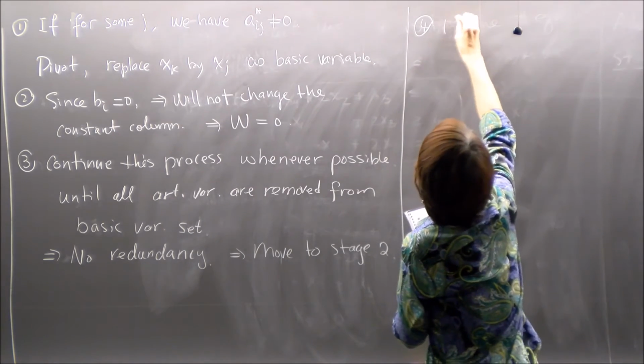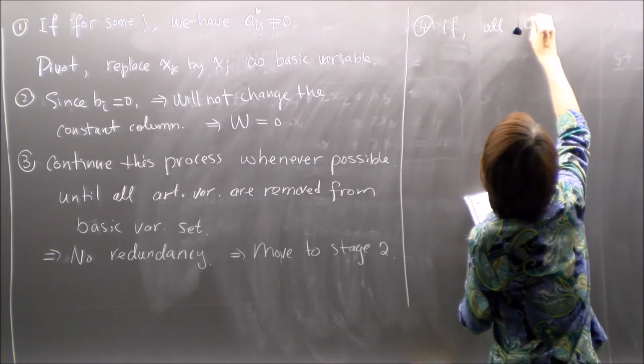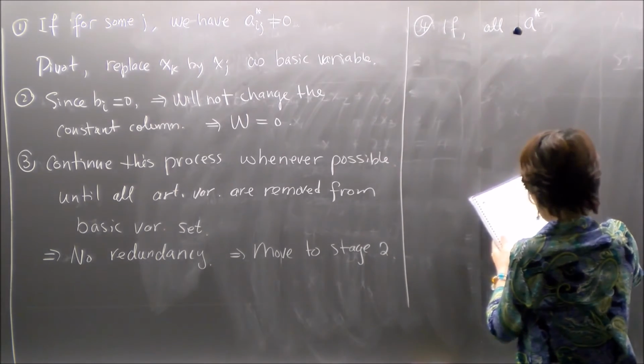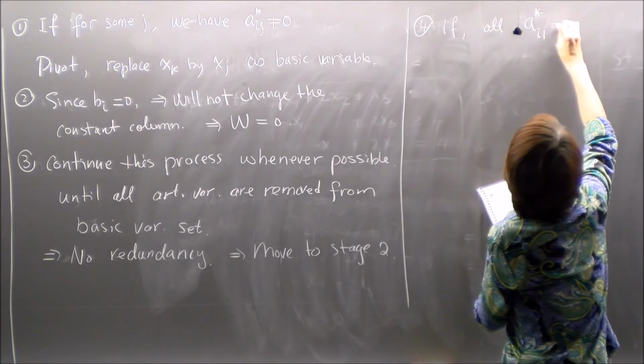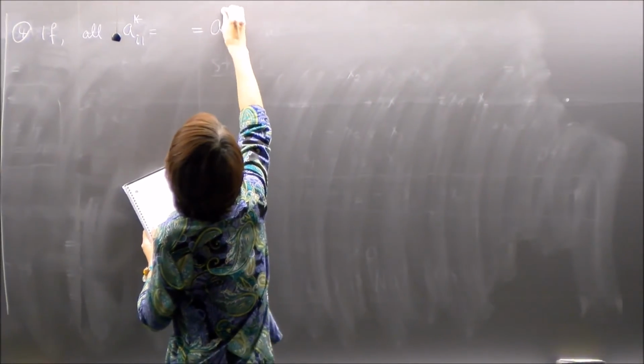So if now I'm so unlucky and I have all these a's, okay, it's just annoying to write these indices. In the algorithm, you will see all these numbers.